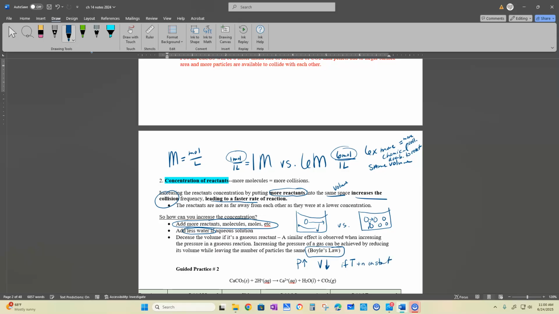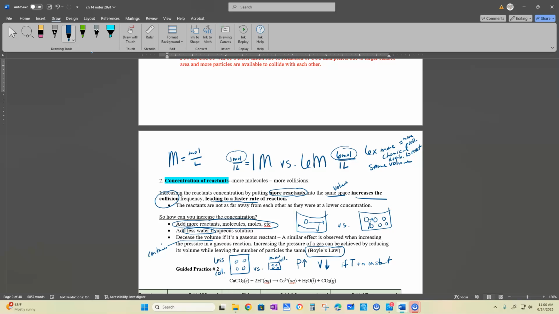So what if you decrease the volume of a gas? You went from a container that looked like this to a container that looked like that. When we say decreasing the volume, we're not talking about the gas, we're talking about the container it's in. So I had molecules that far apart versus now molecules that close together. Because you brought them closer together, you would have more collisions, which means faster reaction.